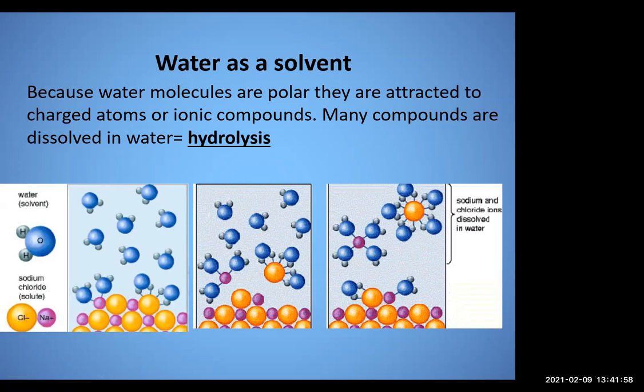So the hydrogens are going to get together with that chlorine because they're slightly positive and they're going to be attracted to the slightly negative chlorine. And then the oxygen is going to be attracted to the sodium. And so they're going to pull them apart. Polar substances can be dissolved by water because of water's polar properties. And so you can see out here how they kind of pull those molecules apart.